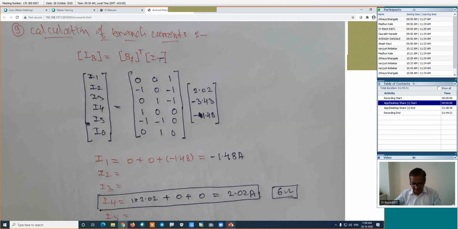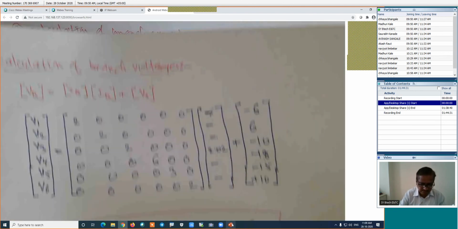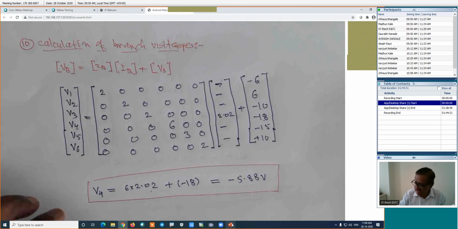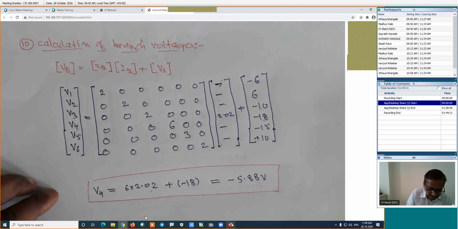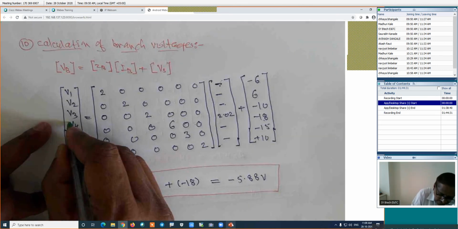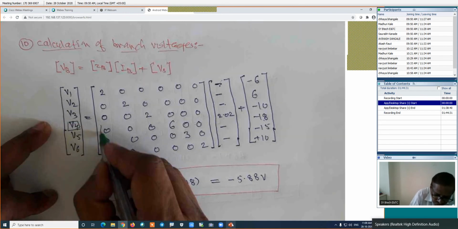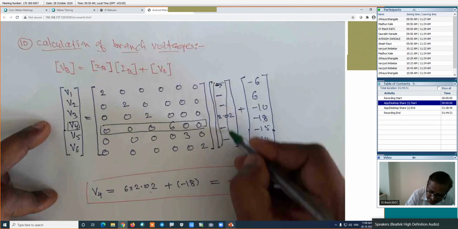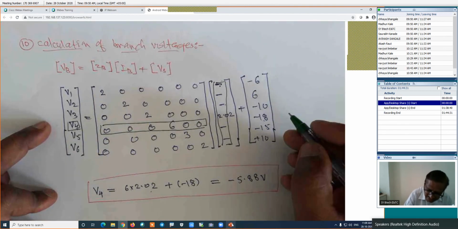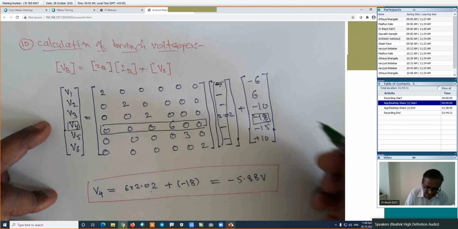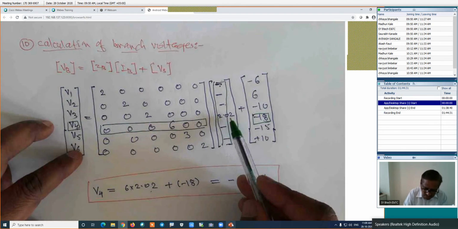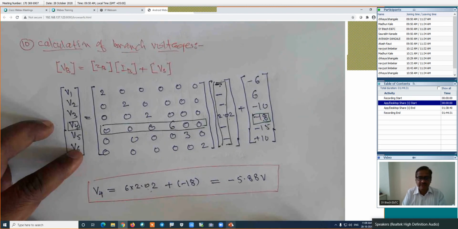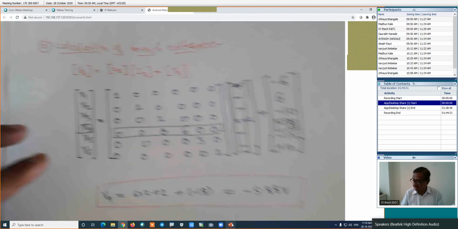Again, for the calculation of V4, this is a general equation, and I have focused on the fourth branch. V4 is this row into this column plus this value, which is 6 into 2.02 plus minus 18, which is nothing but minus 5.88 volts, the value of that voltage.